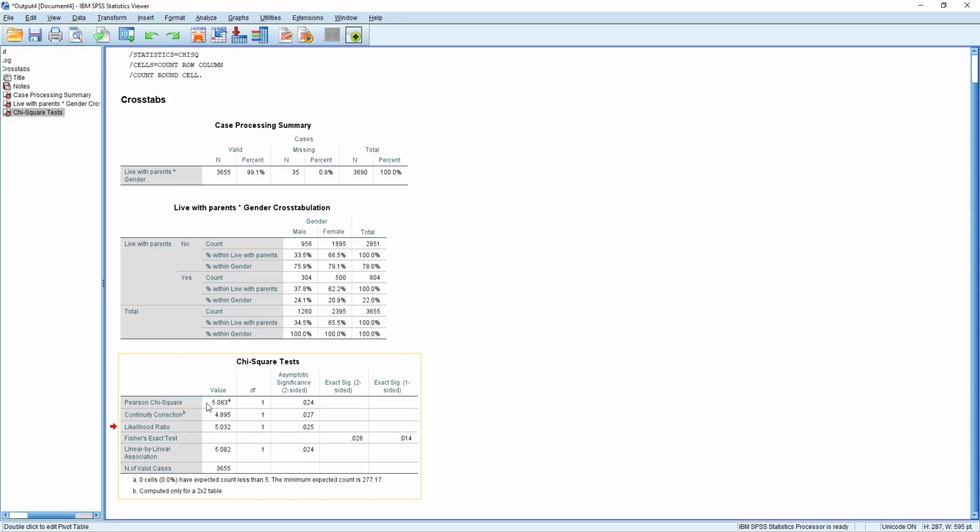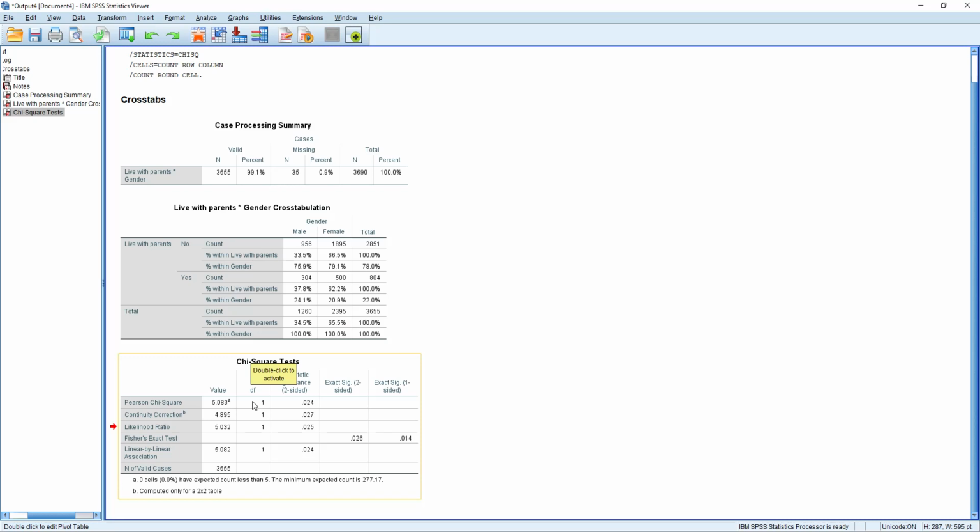Now there are limits to the Pearson chi-squared. It doesn't work if you have very small cell counts. If any of these cell counts are very small, it's not going to be able to run the chi-squared. But as you can see, we have large cell counts in our table, so that's not an issue here.